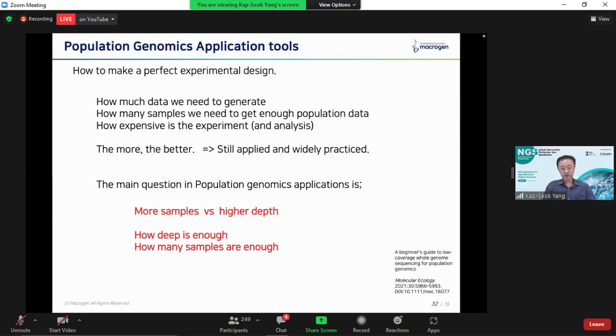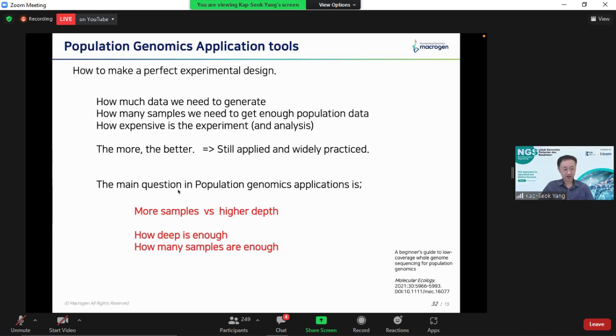The basic question this paper poses to us is how to make a perfect experimental design. That means how much data we need to generate, how many samples we need to get enough population data, and how expensive the experiment and the analysis are. The more, the better, is still widely applied in practice.